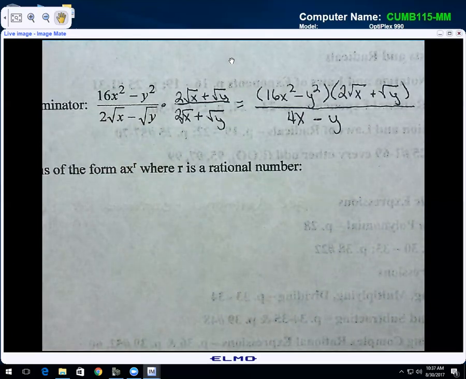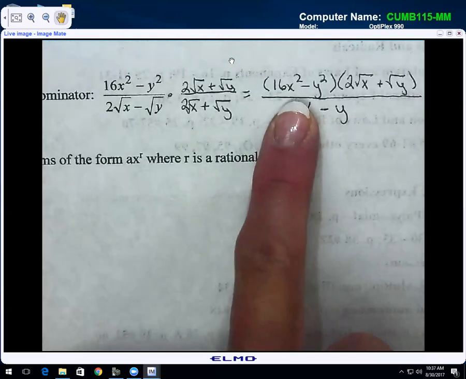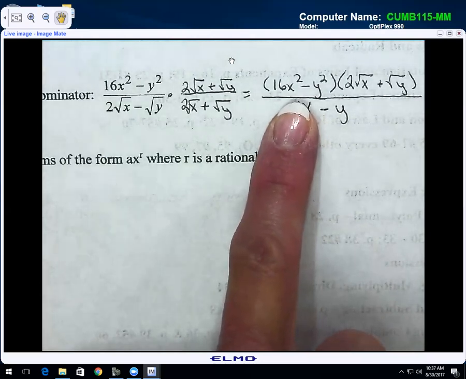I have rationalized the denominator. I did what the directions said. But good math folks are always going to look at a rational expression and say, is there anything that I can factor in such a way I'd have a common factor that would cancel? Numerator has a difference of 2 squares. If I factored it, I'd have a common factor to cancel.